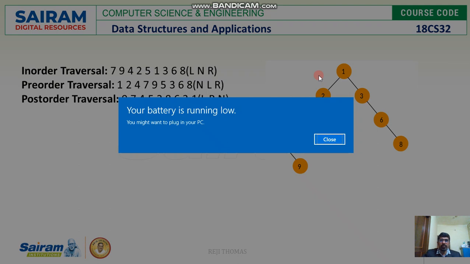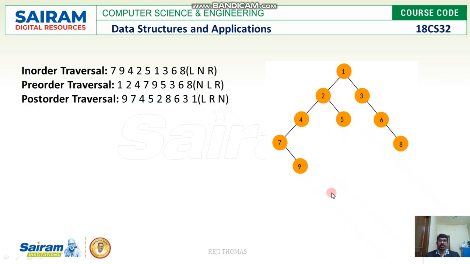If I take the post-order, you start with the left, 9, then 7, then 4, then 5. Before I visit 2, I have to visit 5, then 2.